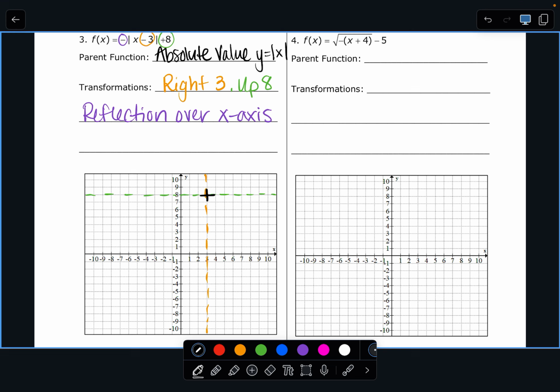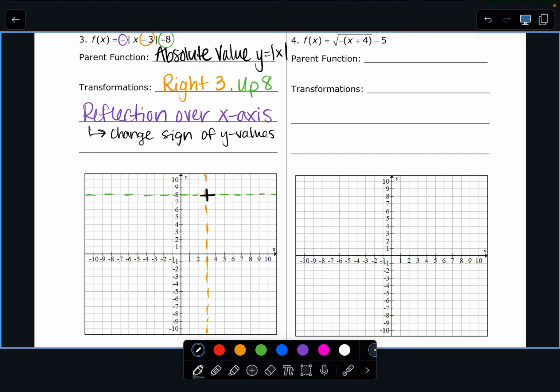And a little note you can make for yourself, this means we are going to change the sign of the y values. And I know we've mentioned this multiple times, but I try to include it on your examples. So when you go back and look at these, it can kind of help you figure out where we're going.